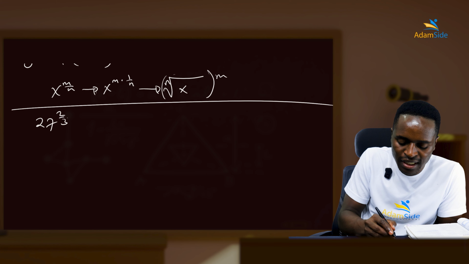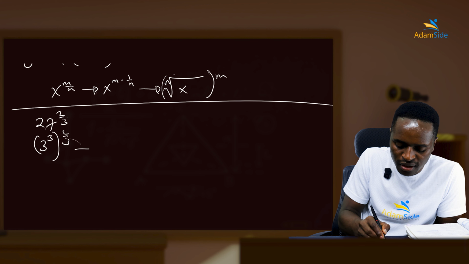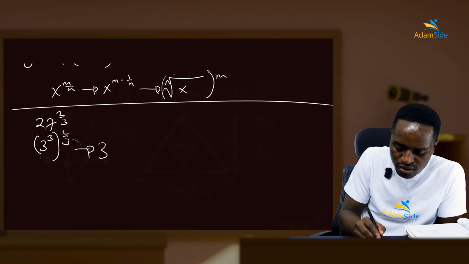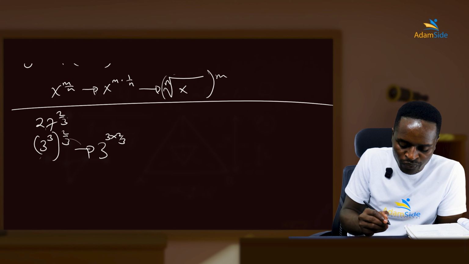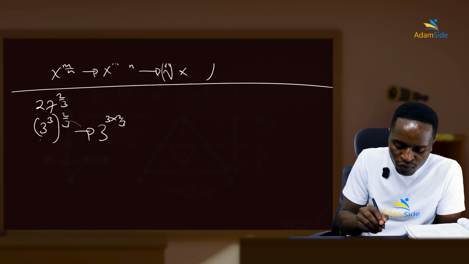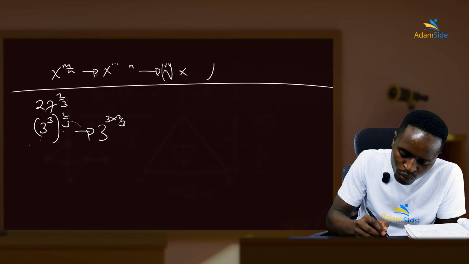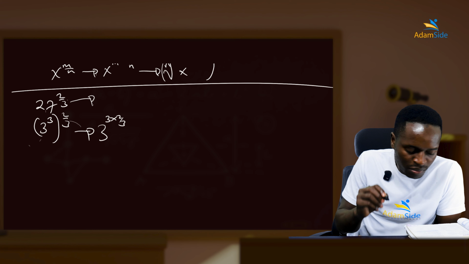Now, work out the value of 27 power 2/3. We're going to have different examples. This is the same as 3 power 3, then out of brackets 2/3. We open the bracket, so 3 times 2/3. How do you represent this in the formula we learned?